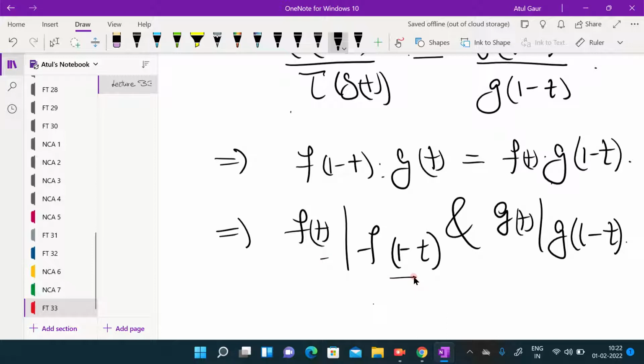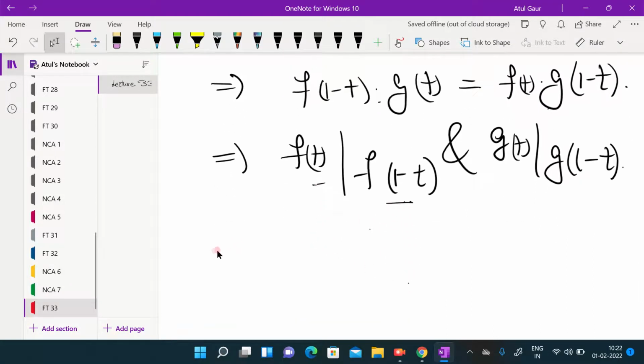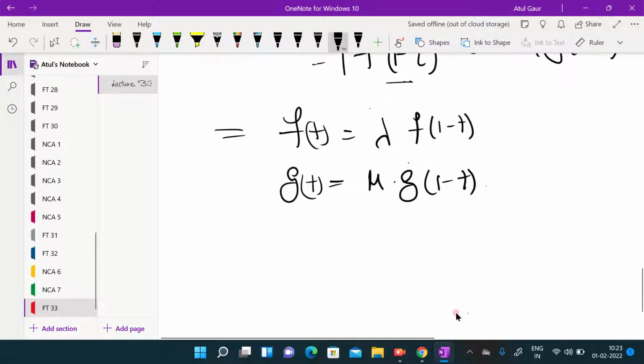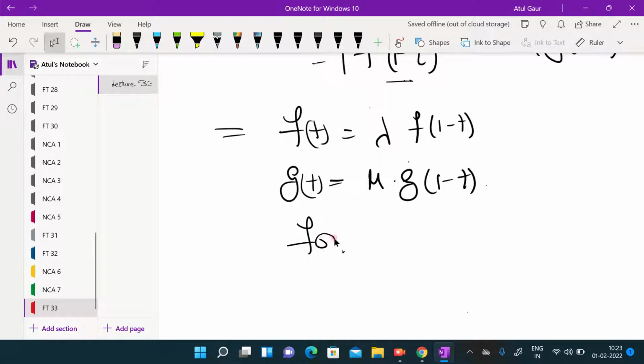तो ये इसको डिवाइड करता है, दोनों का डिग्री सेम है. What will happen? f(t) will be lambda times f(1 minus t), and g(t) will be, let's say, some mu times g(1 minus t), for some constants lambda, mu.